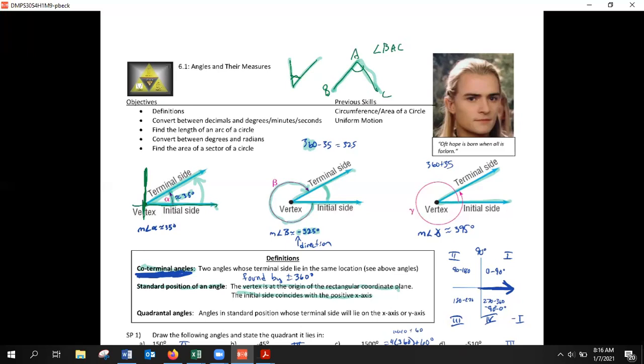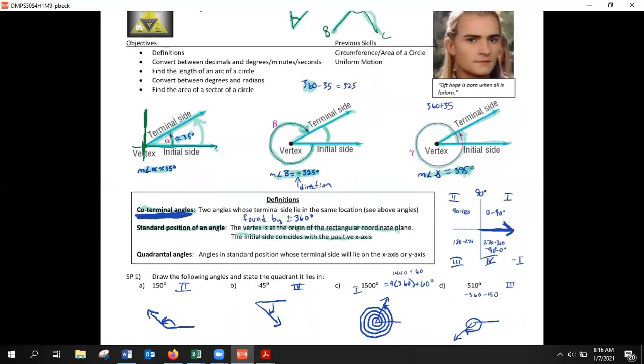And then the negative direction, we start off at quadrant 4 of the coordinate plane to go backwards. Now this third one, we take that initial 35 degrees and then we add another full circle to create it. So 360 plus 35 is 395 degrees. What that means is 35 degrees, negative 325 degrees, and 395 degrees are all what we call coterminal.